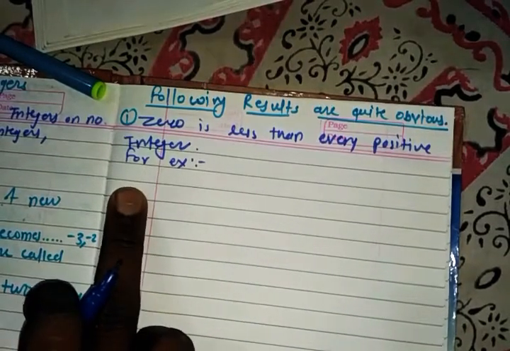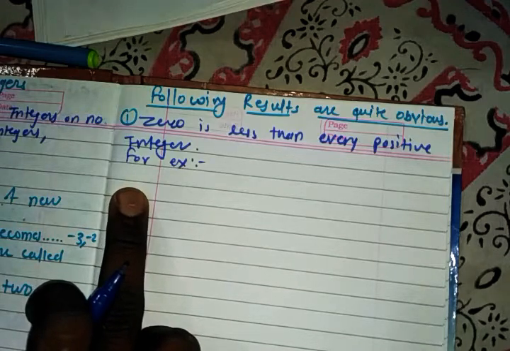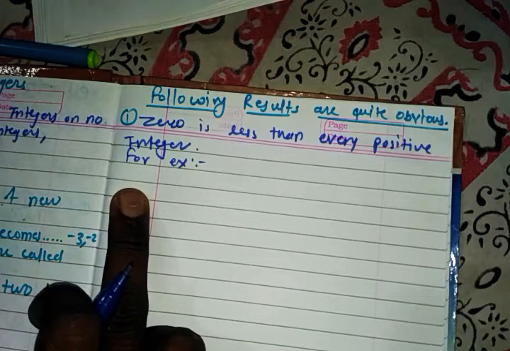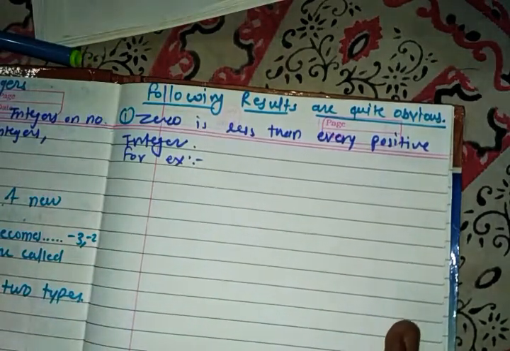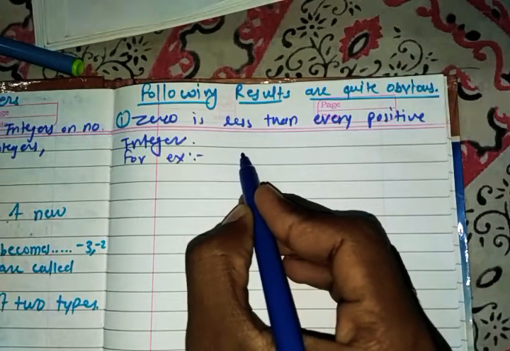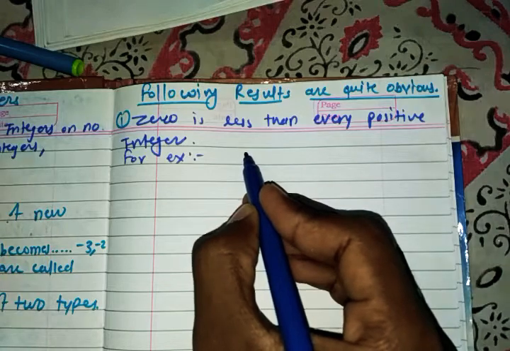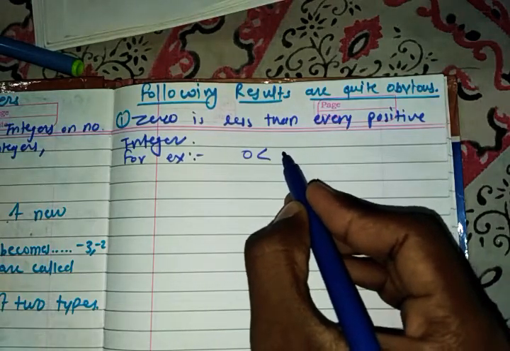Now these are the important results from which we can conclude the concept of the integers. 0 is less than every positive integer. Why? Because 0 is lying on the left hand side of every positive integer. So 0 is always less than all the positive integers.